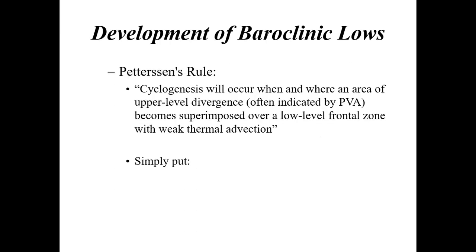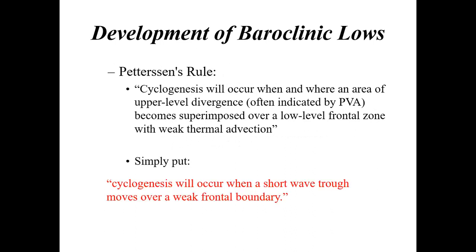Now, Pedersen, I mentioned him yesterday briefly in part one, but Pedersen's rule is so significant in the field of meteorology, and he came up with this rule that cyclogenesis, the development of an area of low pressure or the intensification of a low pressure, will occur when and where there's an area of upper level divergence, which is often indicated ahead of the shortwave troughs by positive vorticity advection, that's PVA, once it's become superimposed over a low-level frontal zone with weak thermal advection.